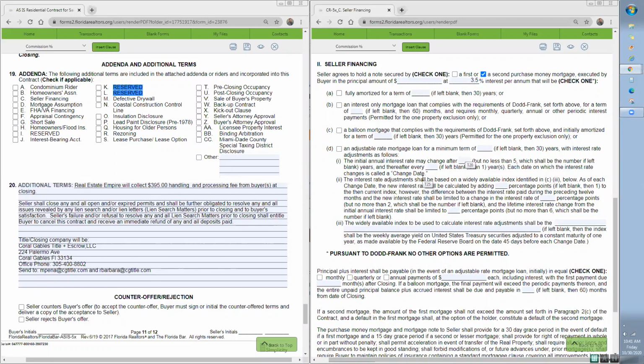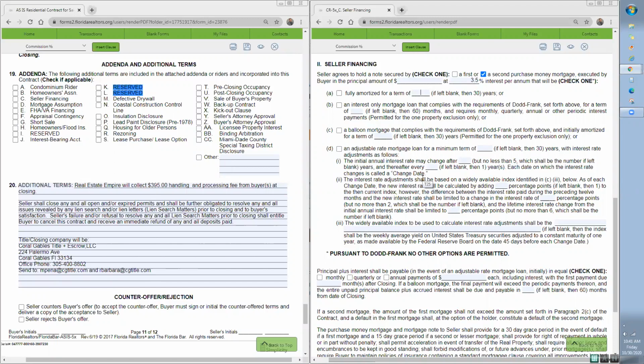So we don't know the financial aspect of what these different types of loans are and how they can affect the buyer, which is why I say we should sit down with a lender and make sure that we are choosing the best type of loan for the buyer in order for it not to affect that first mortgage, and still have the ability to buy the property with both mortgages.